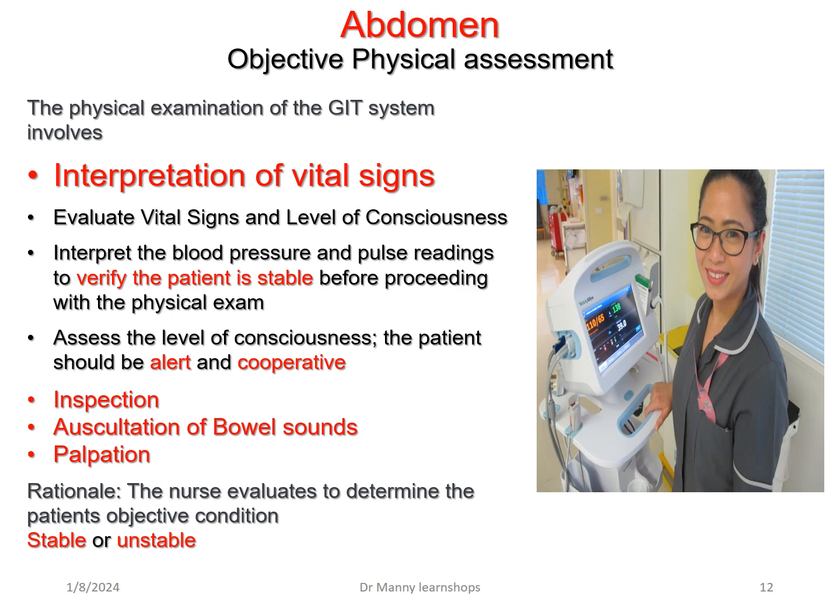The techniques that we employ are inspection, auscultation of the bowel sounds, and palpation. The rationale for nurses is to evaluate whether the patient is stable or unstable, because vital signs will determine life-threatening or potential life-threatening conditions.